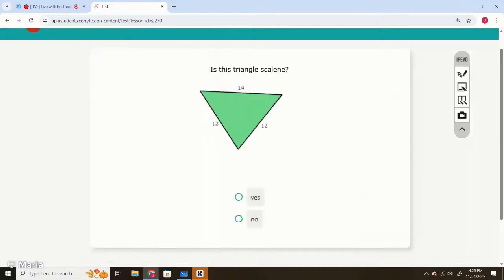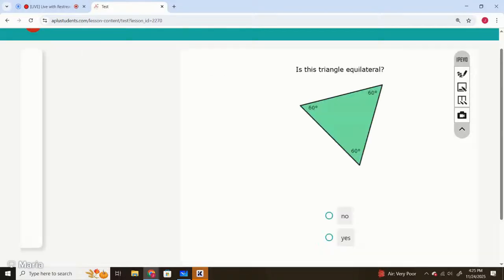The correct option is no. Is this triangle scalene? No, that is not a scalene triangle.